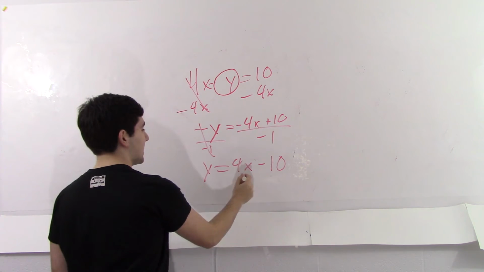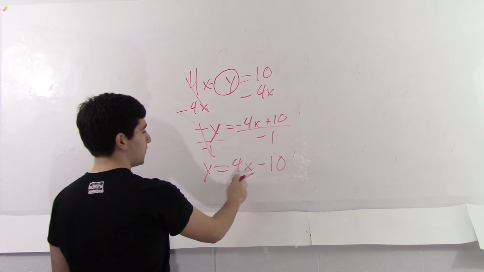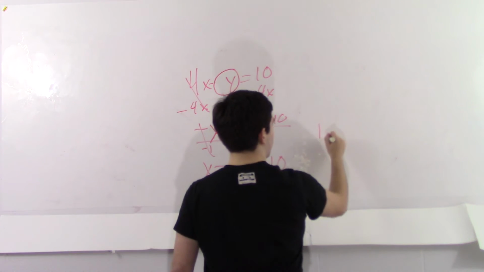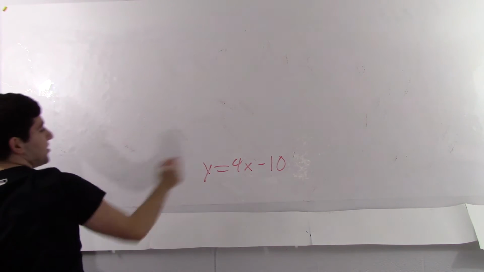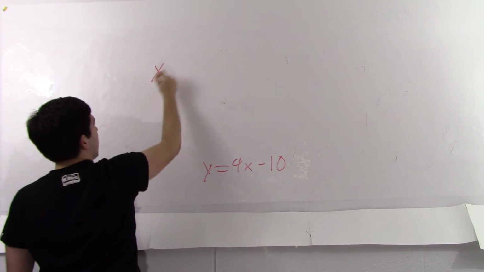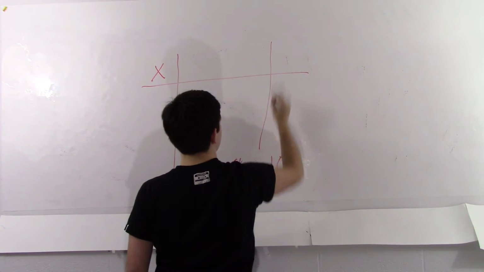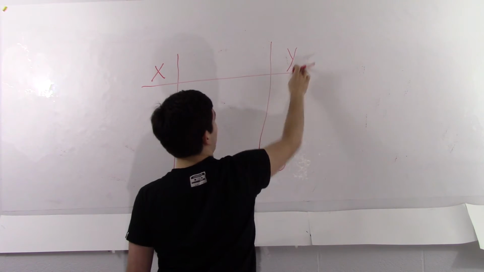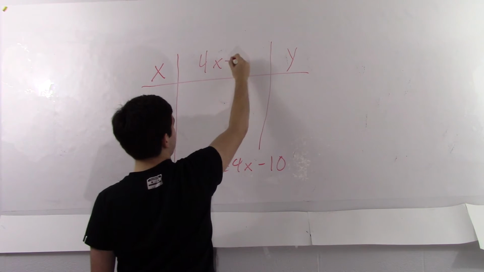So if I plug in 1, 1 times 4 is 4 minus 10, so we know that the ordered pair is 1 and negative 6. So we're going to set this as our equation. Here I have what I'm deciding I'm going to set x equal to, and what we're going to figure out y equals to. Okay, and then our equation is 4x minus 10.